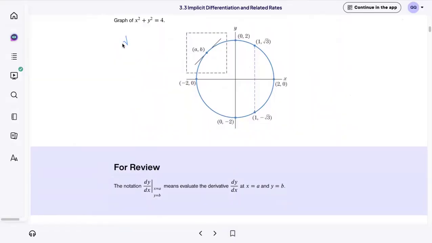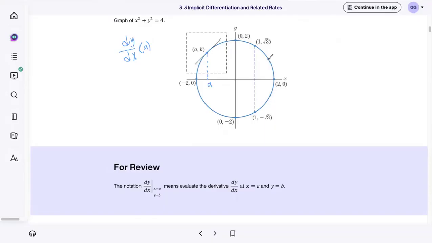So when we consider dy/dx, what is that? The rate of change of y in terms of x. If we talk about this point, dy/dx at this value a will be the slope of this tangent line.